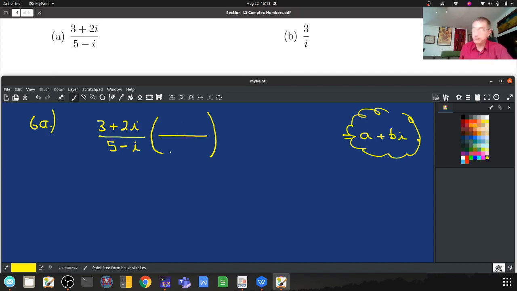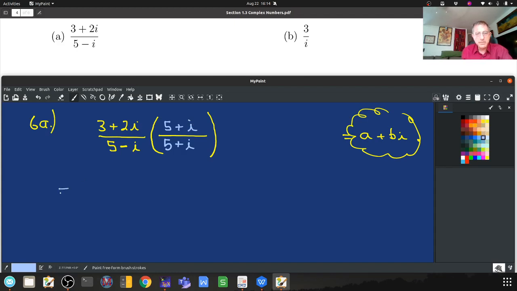So what do I choose? I find the denominator first. What is my denominator? Well, I look at the denominator of my original fraction and I write down its conjugate. So remember, the a values stay identical, but I change the sign in front of the i. And now once I've discovered the denominator, the numerator is identical.